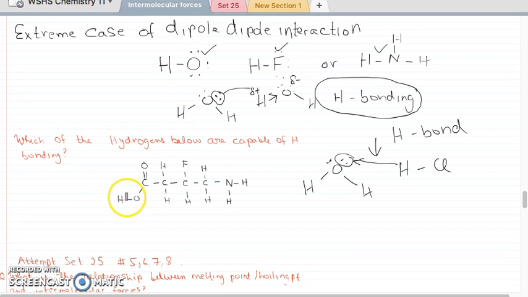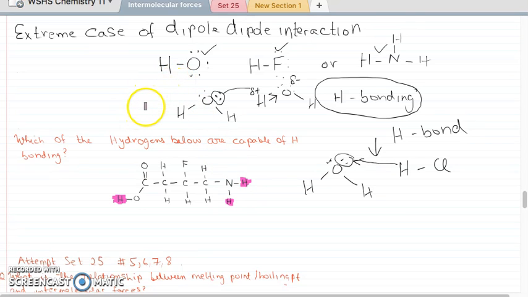Now, it has to be attached to either oxygen, fluorine, or nitrogen. That's criteria number one. So that fulfills the criteria. That does not fulfill the criteria because it's not attached to an oxygen, it's attached to a carbon. This does not, these two do. So it's these three hydrogens which are capable of hydrogen bonding.